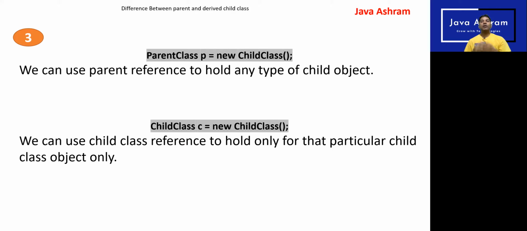Whenever the requirement is that we don't know at runtime what kind of object we are going to receive, then always go with the parent reference to hold any kind of object. And if we know in advance what type of object we are going to receive at the static time, then we should go with the child class reference.